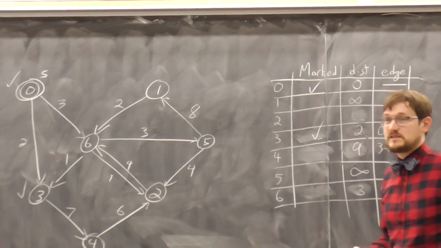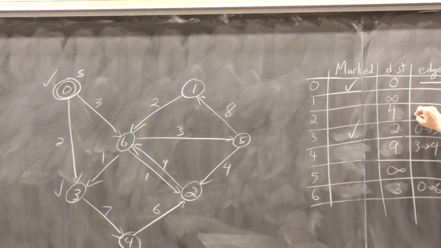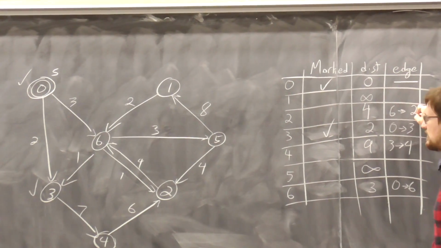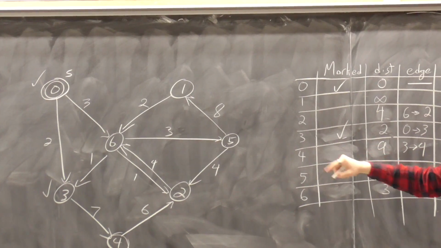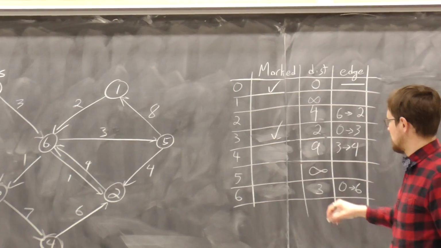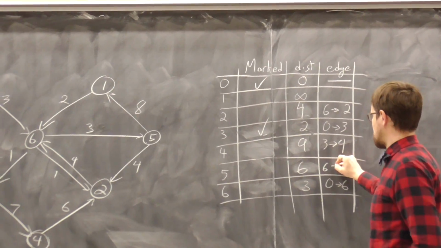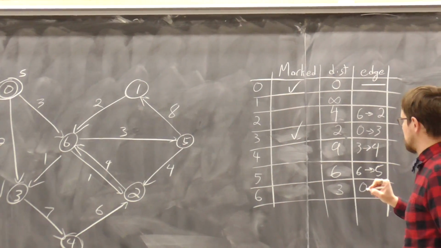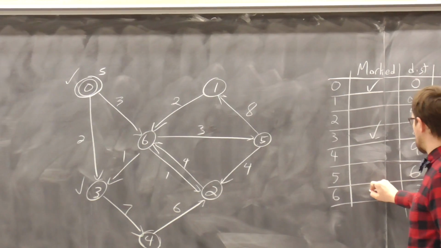What's the distance from S to 2? That's right, it's 4, and we got there via 6. Now for 5, what's our distance? 6. Yes, and we got there from 6, ironically enough. Any more? No, okay, so check.